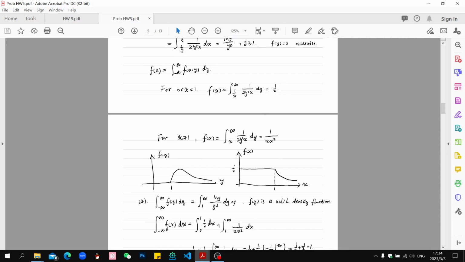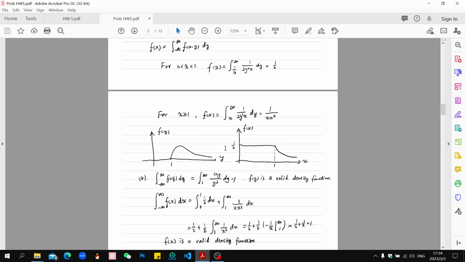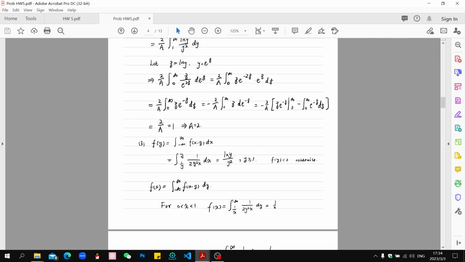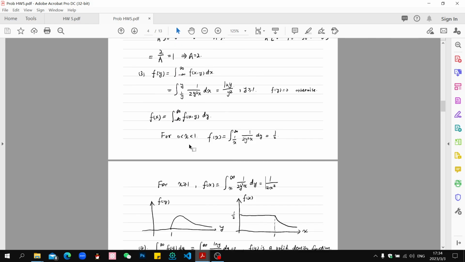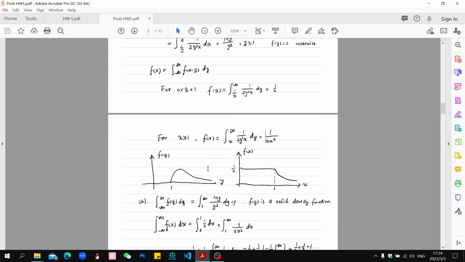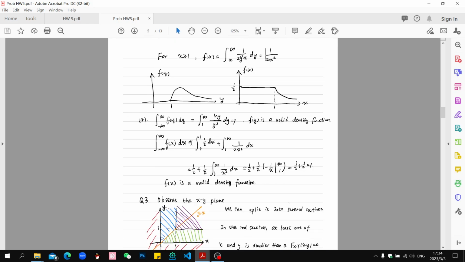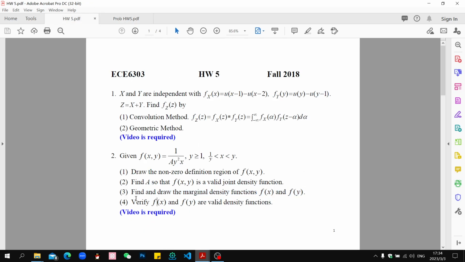For x larger than 1, fx is the function integrated from x to infinity on y. And that is 1 over 2x squared. And we have now calculated the functions. We can draw the graphs.